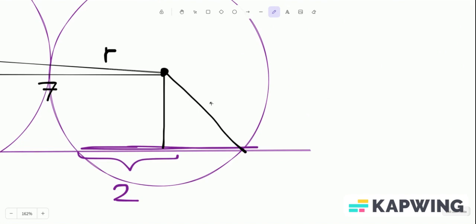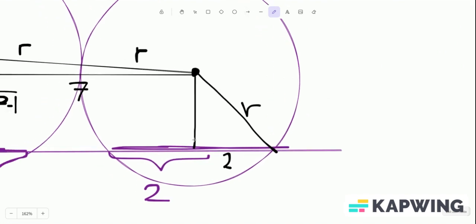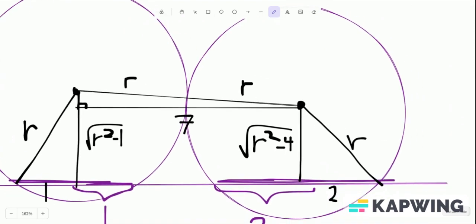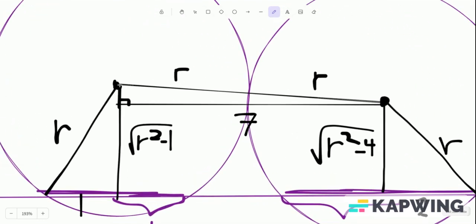This can also be done here. This is r, this is 2, and so this, by the Pythagorean theorem, is r squared minus 4. Okay, and this is the difference of their heights.